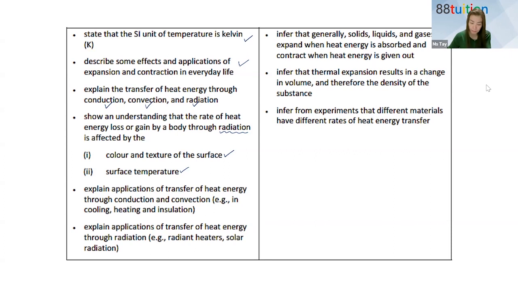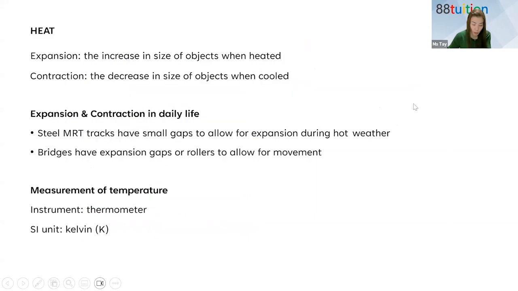Very quickly, I think we have gone through this before, right? I just moved through very quickly for this lesson. Expansion and contraction: you talk about increase in size or decrease in size when temperature changes. Note down whether it's during heating or during cooling. The steel MRT tracks have small gaps to allow for expansion.